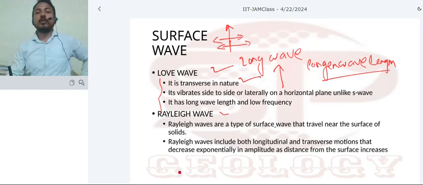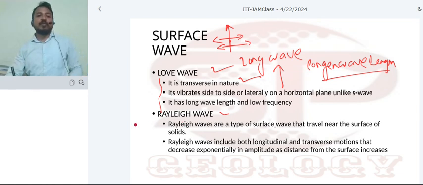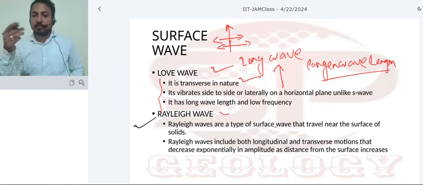Then comes the Rayleigh wave. Rayleigh wave is a type of surface wave which is both transverse and longitudinal in nature.